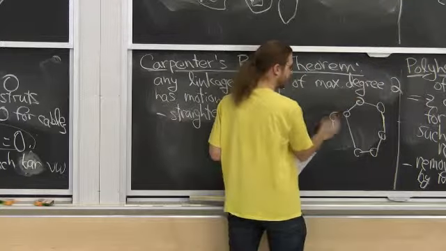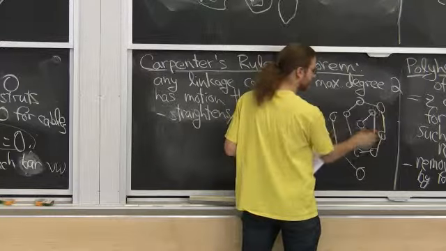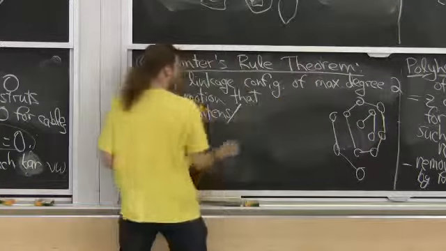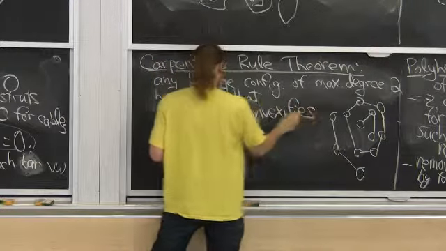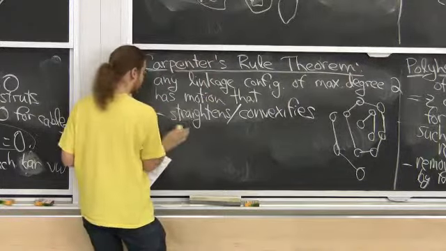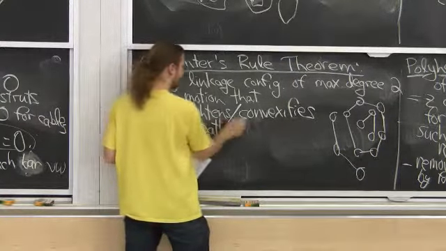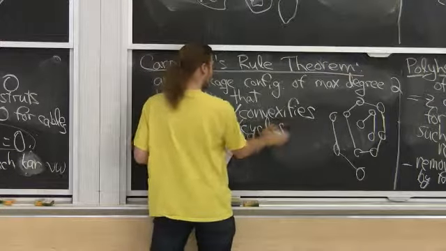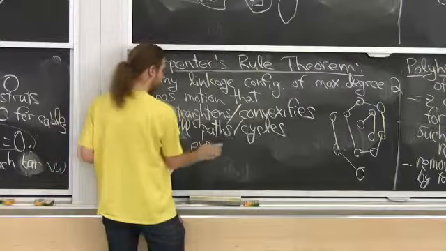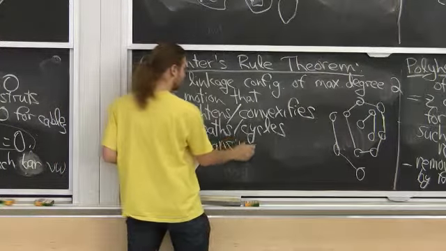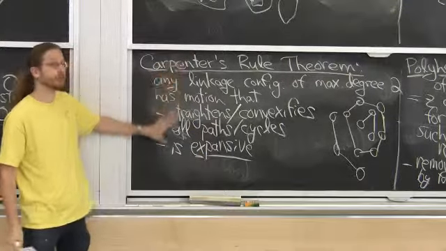You might have many of them. It's going to straighten all the paths and convexify all the cycles, and it's also expansive. But before I get to that, this is essentially showing that these configuration spaces are connected.